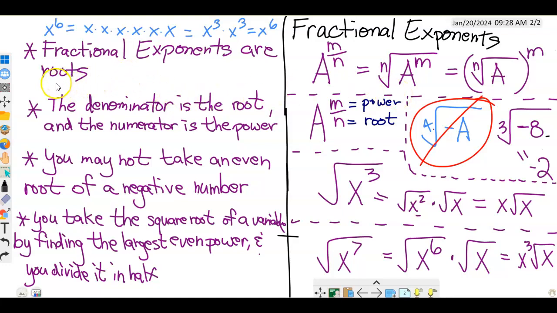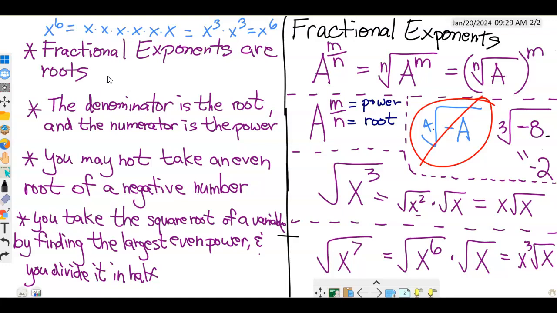So the first thing I want to tell you is fractional exponents are roots. It is another representation of a root. And remember, a root can be an irrational number if it's not a perfect square.